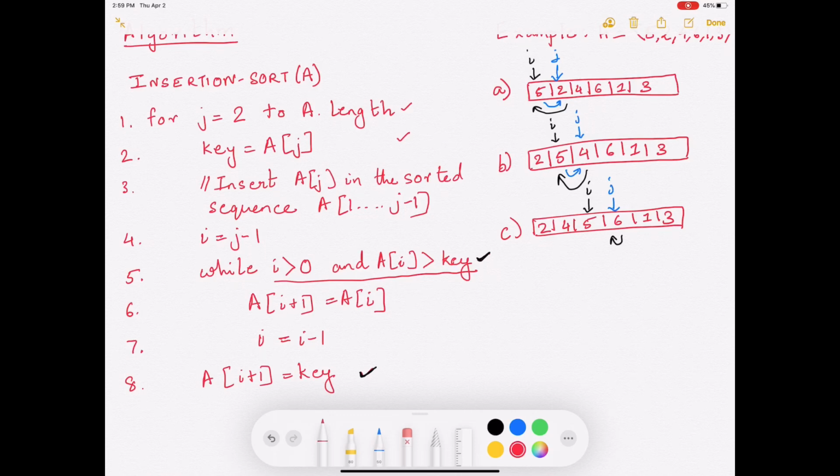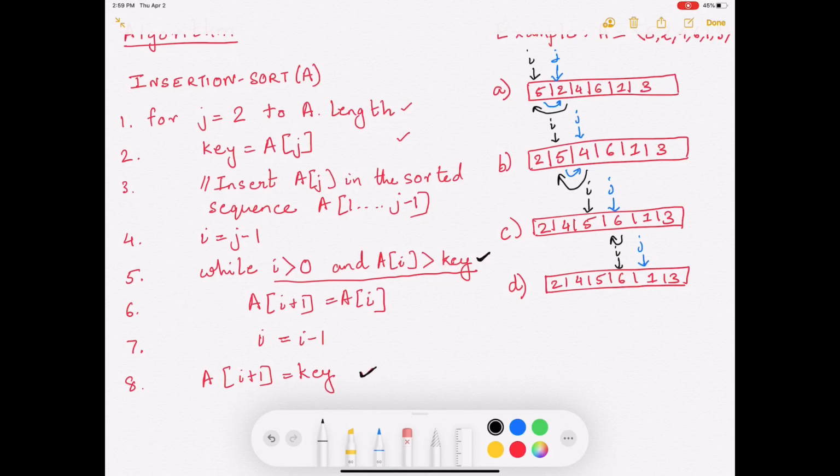Now let's look at 1. Now 1 has to move all the way to the front. That is what is going to happen here. So at this stage, we have 2, 4, 5, 6, 1, and 3. Be very clear that this is where j is. Your I is initially going to be here.